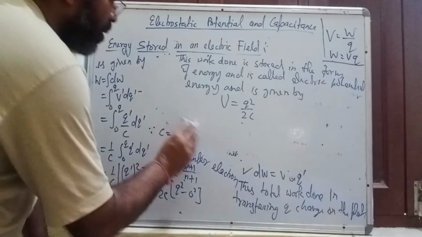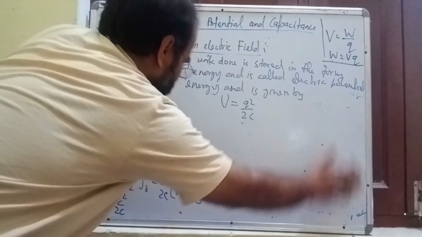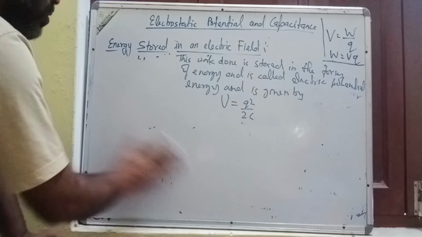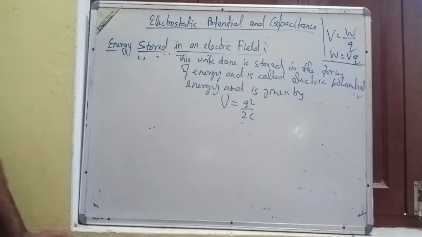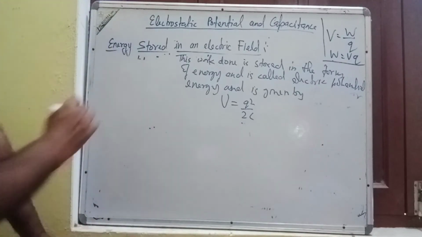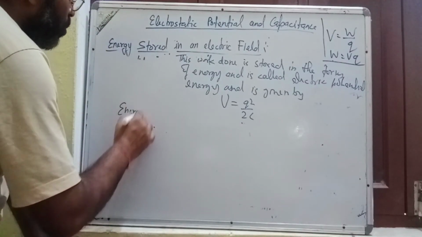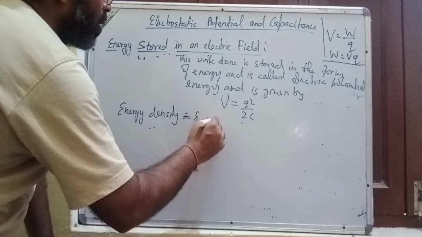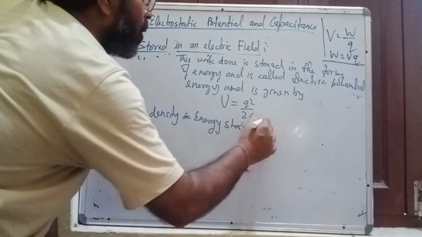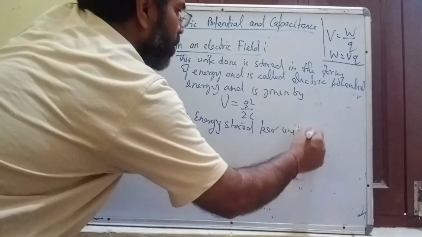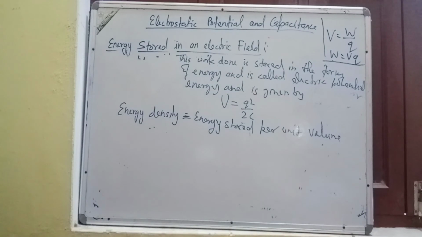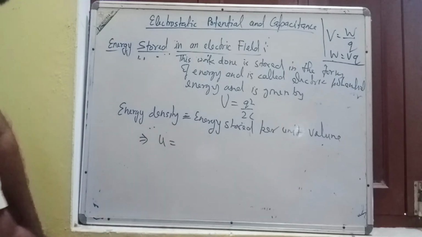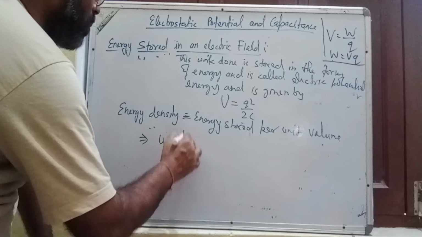Now if you want to find the energy density in the electric field, that is, the energy stored per unit volume between the plates of the capacitor: as we supposed, d is the distance between the plates and A is the area of the plate, so energy density small u will be equal to capital U by A into d.